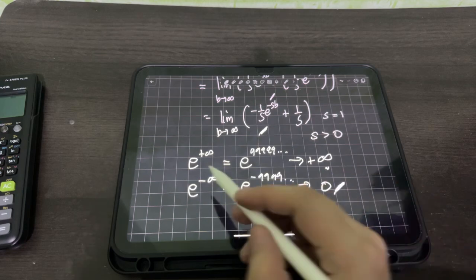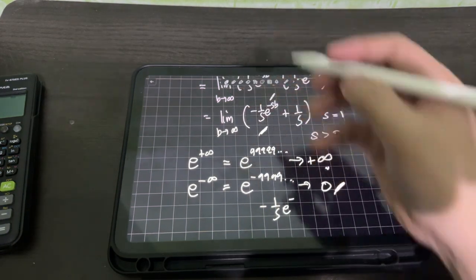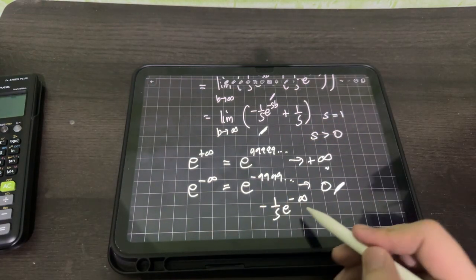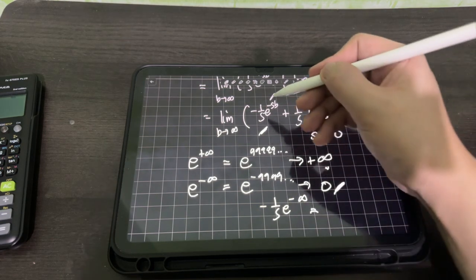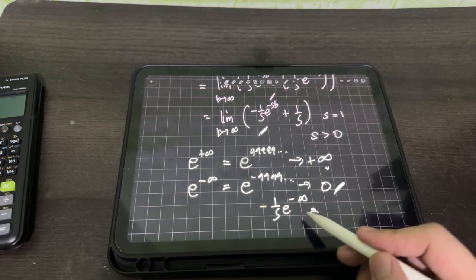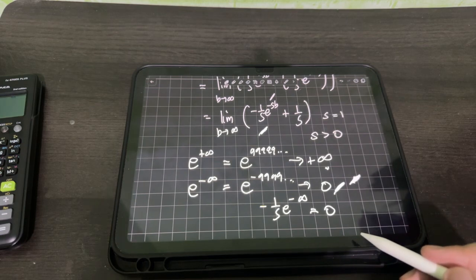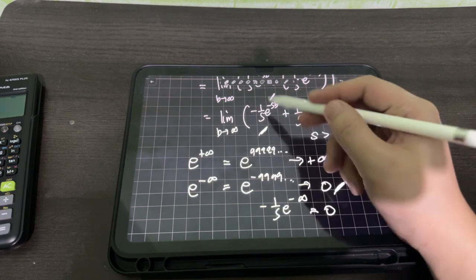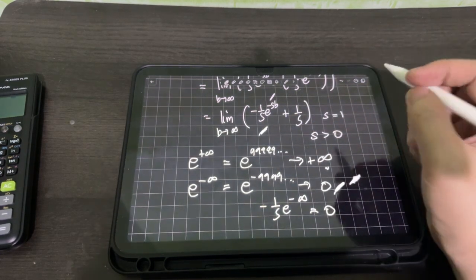Since b is approaching infinity, you can substitute, say, a large number like 9999. Notice it will be e raised to negative infinity due to the initial negative sign here. Therefore, it will be equal to 0 based on this formula. So if we assign s greater than 0, the limit of this term as b approaches infinity will be 0. It will converge to 0.